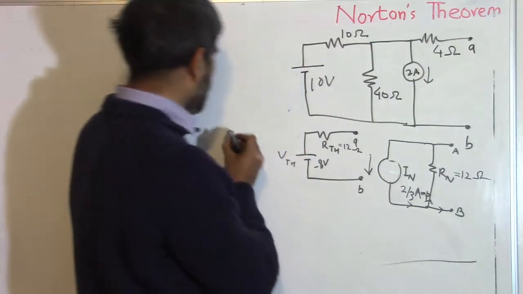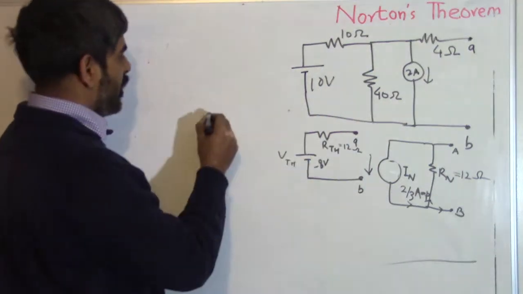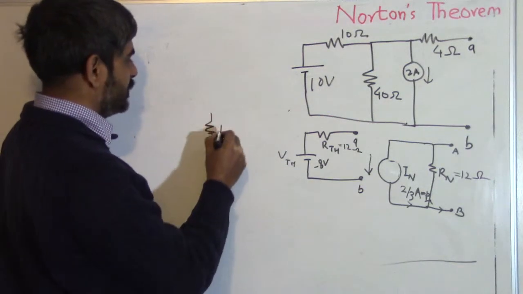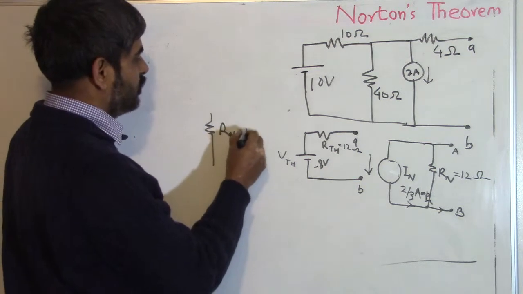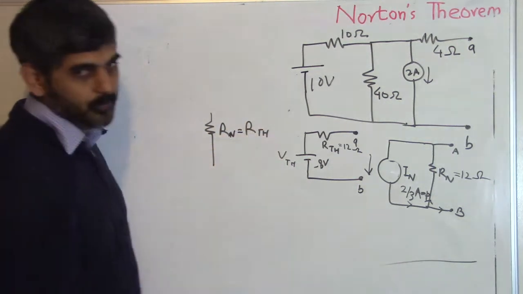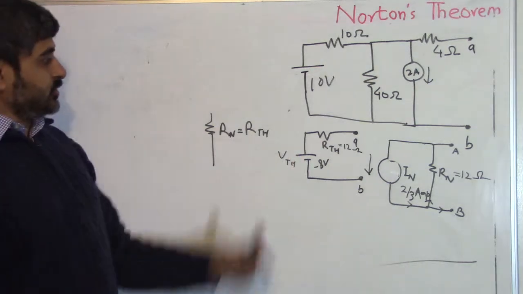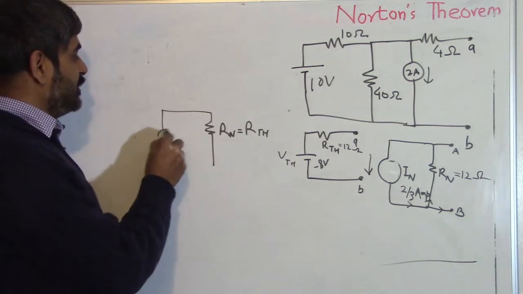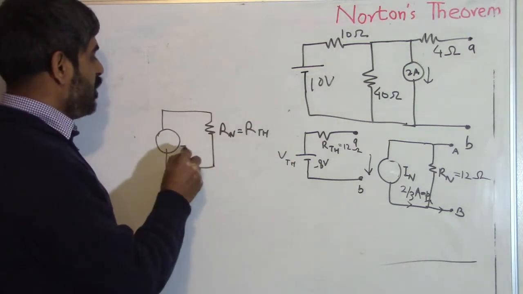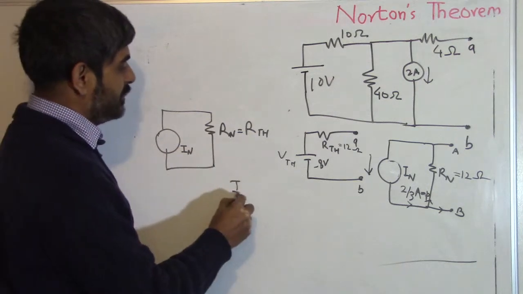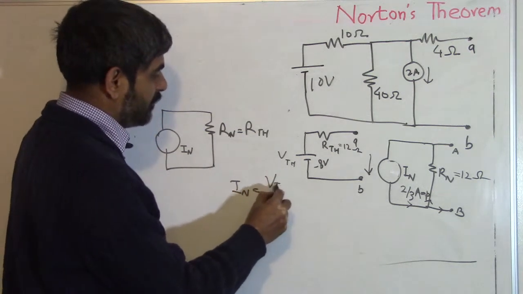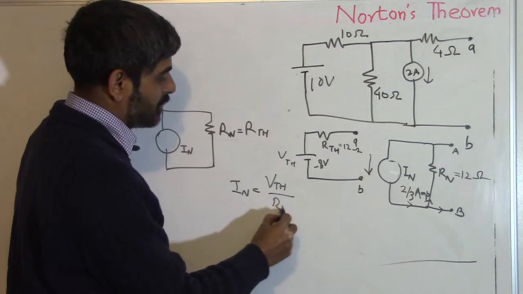We take this resistor, 12 ohm R Thevenin, and replace it with Rn equal to R Thevenin. And then this voltage source is replaced by a current source, and the value of this current source In is given by V Thevenin divided by R Thevenin.